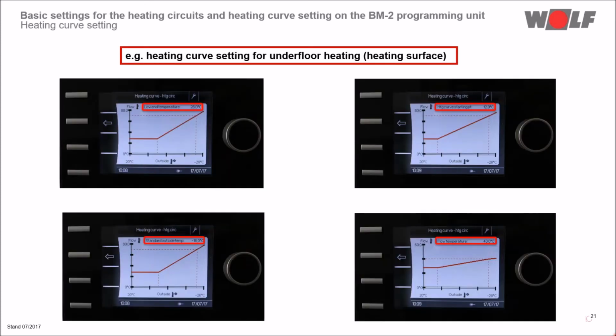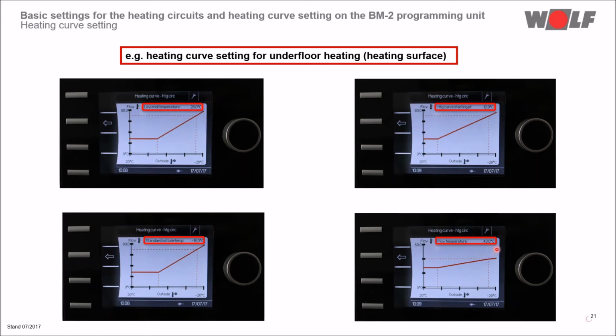Here you can see a sample heating curve setting for a new build with underfloor heating or area heating. This shows a low end temperature of 28 degrees and a heating curve starting point which is set to 12 degrees. The standard outside temperature is -16 degrees and the maximum flow temperature is 40 degrees.